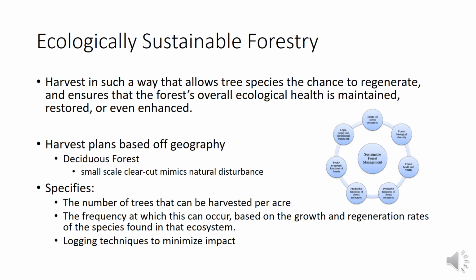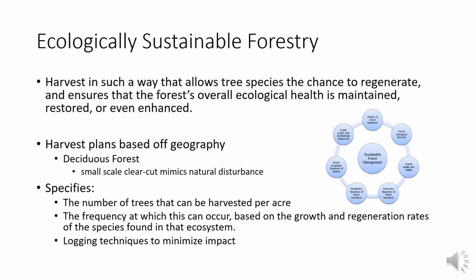But another thing in a sustainable forestry plan is you really need to think about the number of trees that are harvested per acre to keep your forest healthy and happy. How often can you harvest a certain species? Some species grow faster than others.